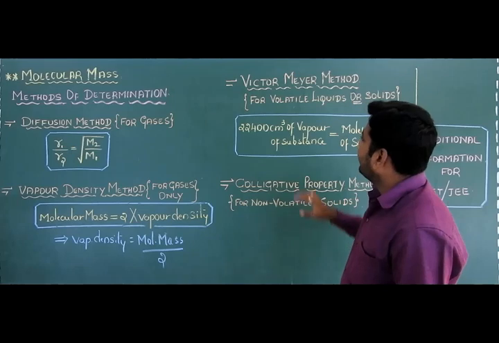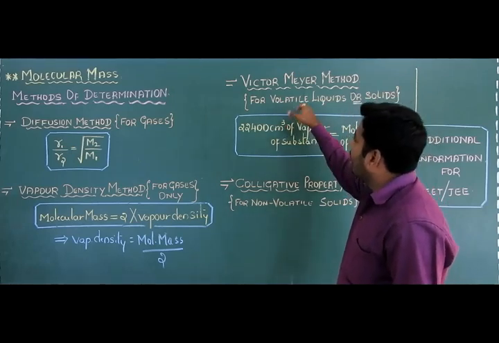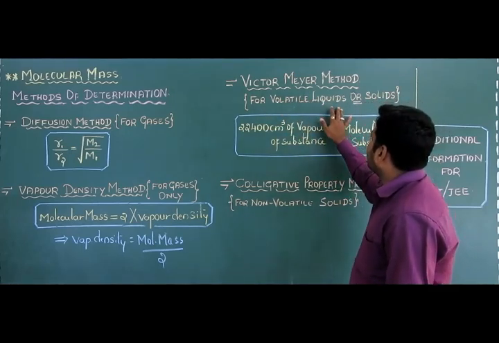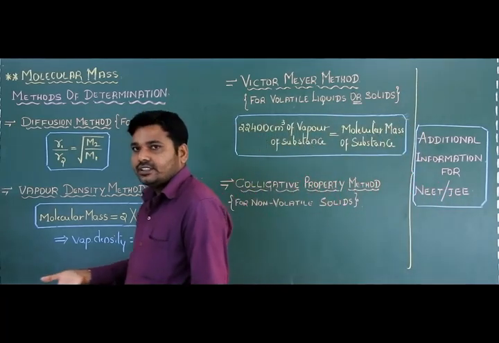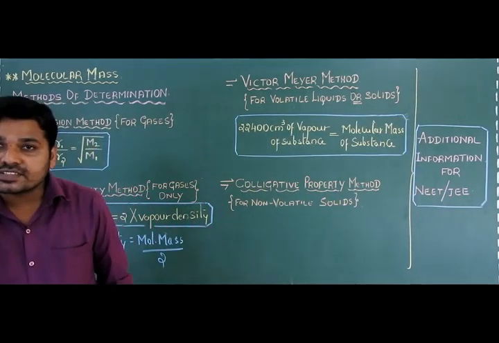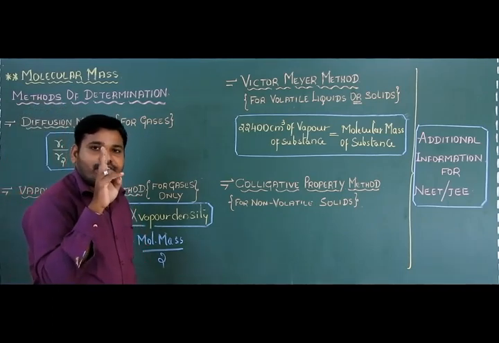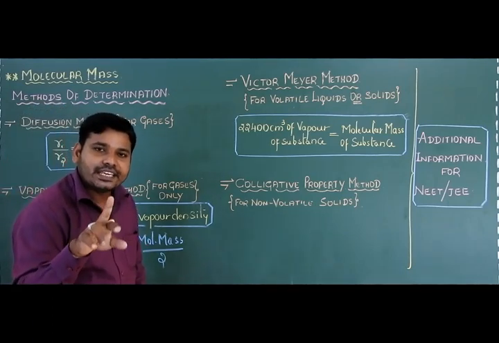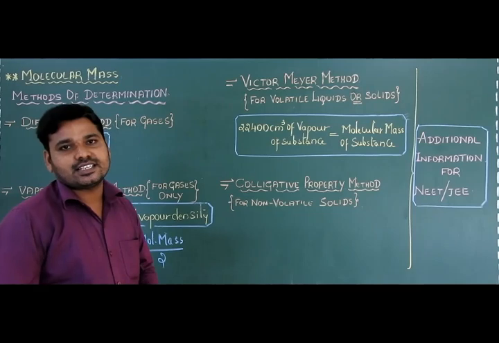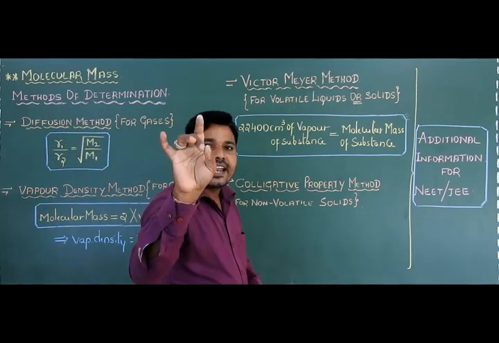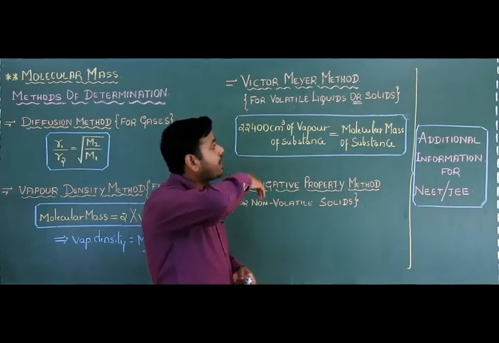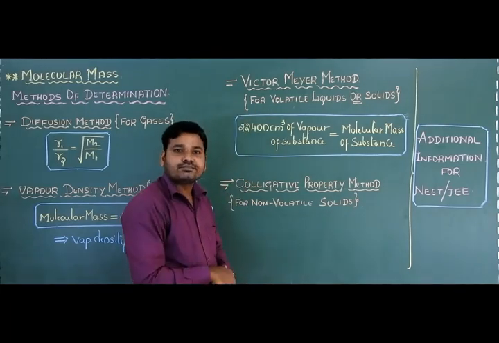This method is applicable for volatile liquids or volatile solids. Listen to the condition for this method carefully. The first two methods are applicable for the gaseous substances, whereas the third method is applicable for the volatile liquids or volatile solids, students.